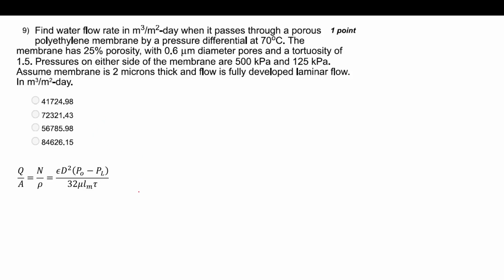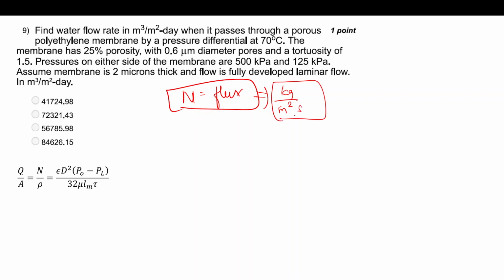Here you had one formula for N, which is the formula for finding the flux. Flux is always in kg per meter square second.